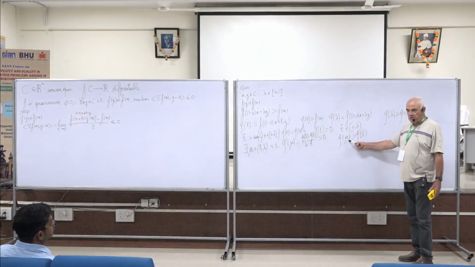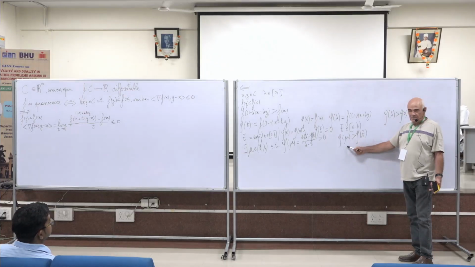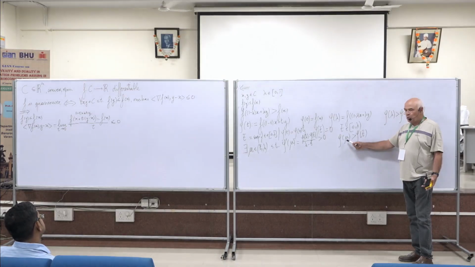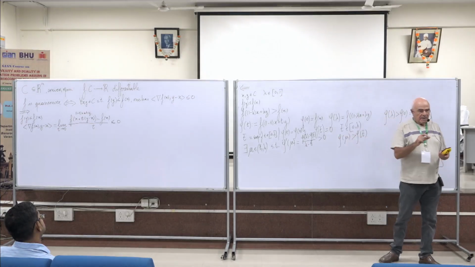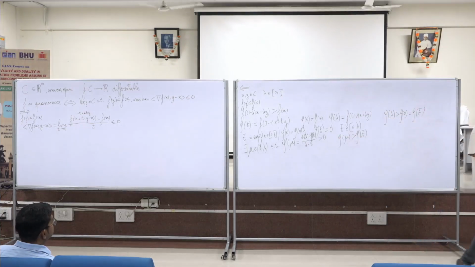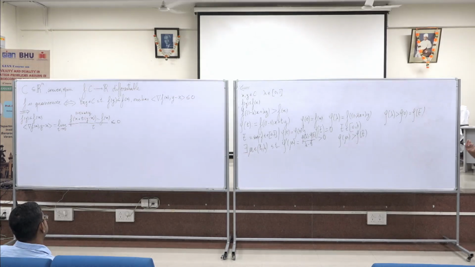So this cannot be zero, but cannot be negative, because then by the intermediate value theorem between mu and lambda, there would be a point where phi would vanish, which contradicts that t bar was the largest value in this interval where phi vanished.